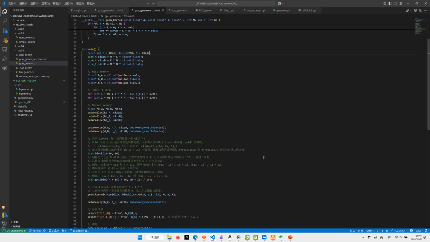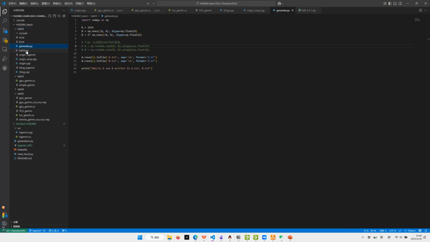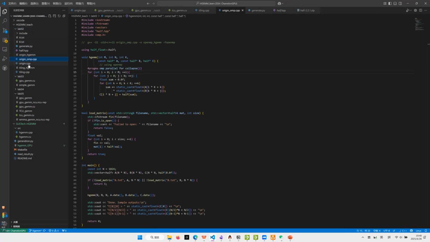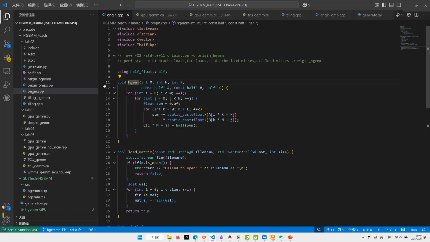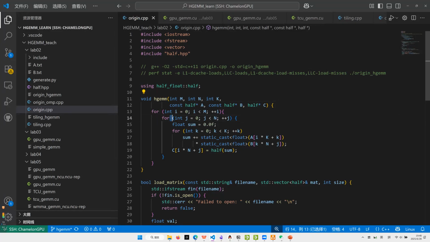Okay, so here we come to lab 02. Here I will give you one function. As you can see, the first function is HGEMM, and it is very simple: for i equals 0 and for j equals 0, and then calculate the sum.